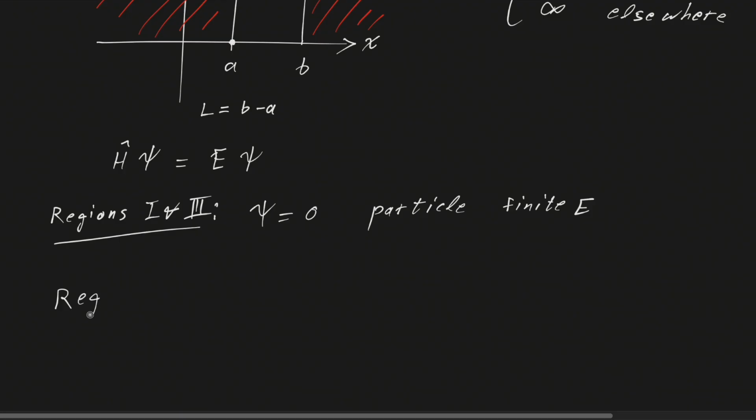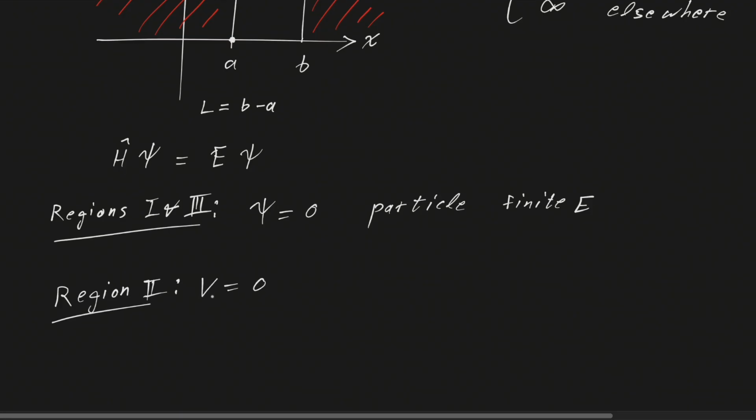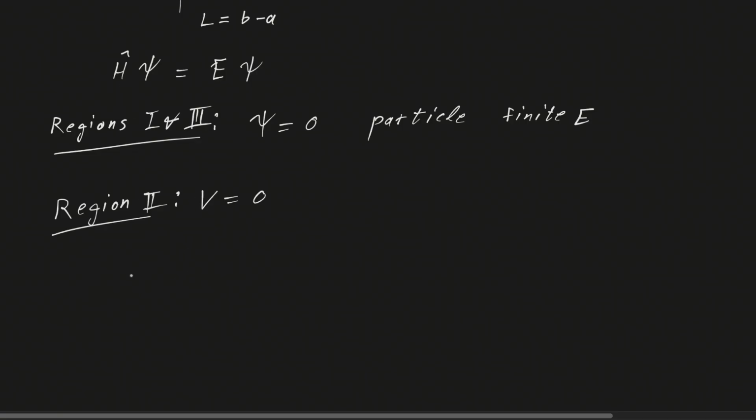So that leaves us with region 2, where the potential is equal to 0. Then the differential equation becomes minus h bar squared divided by 2m times the second derivative with respect to x of psi equals E psi.